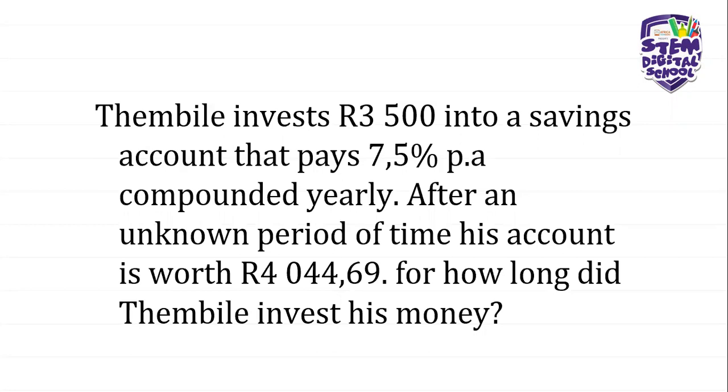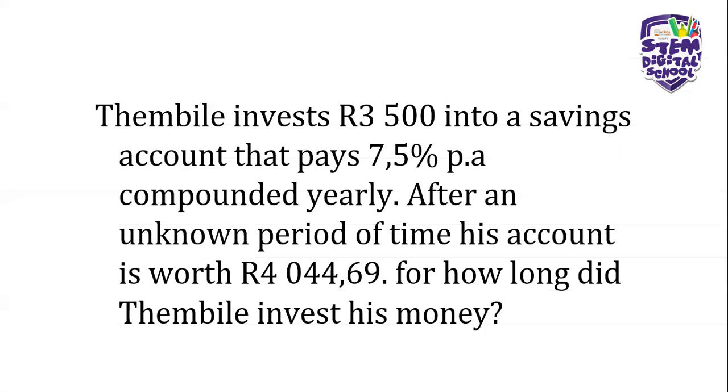So you are going to divide 7,5 by 100. And once you divide 7,5 by 100, you will see that the answer will be 0,075. So basically, that is your interest, which is compounded annually. So yearly and annually, they mean the same thing.